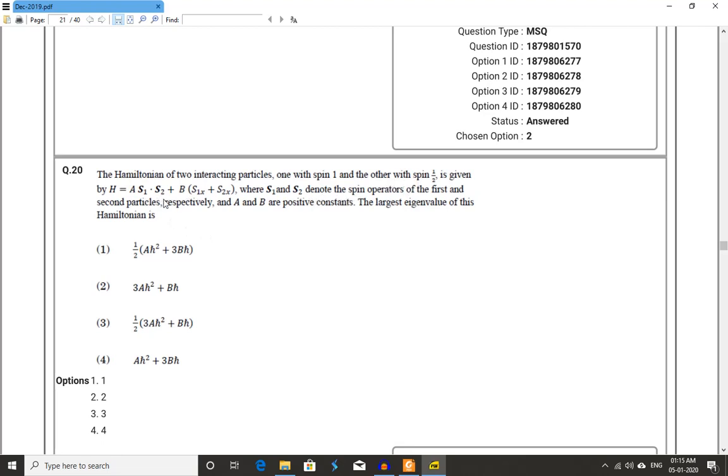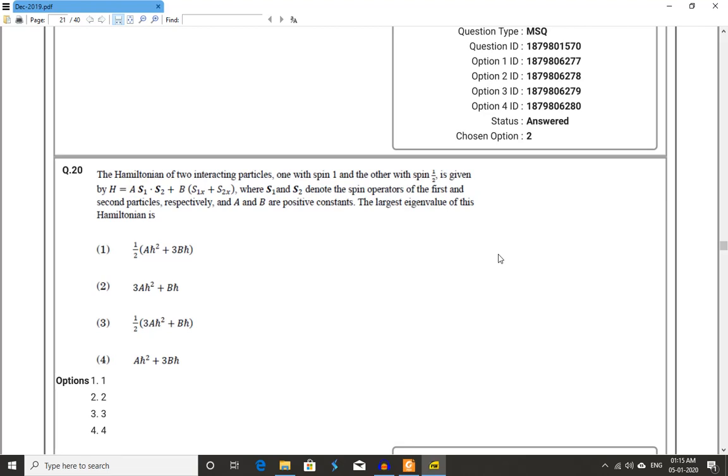You have S1.S2, you just add these two vectors, define S as S1 plus S2, then you take S square. S square is S1 square plus S2 square plus 2 S1.S2. So S1.S2 equals S square minus S1 square minus S2 square, divided by 2.